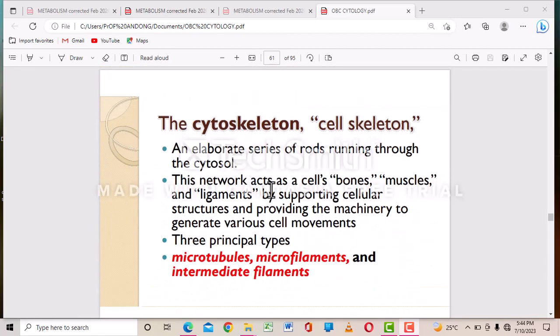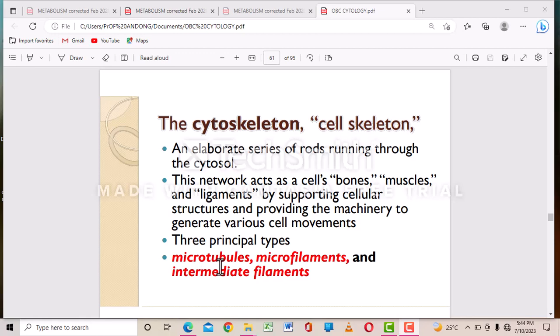The cytoskeleton. The cytoskeleton is a very, very important non-membranous organelle because it is involved in keeping the architecture, or the three-dimensional structure, of the cell. They are basically divided into three types.